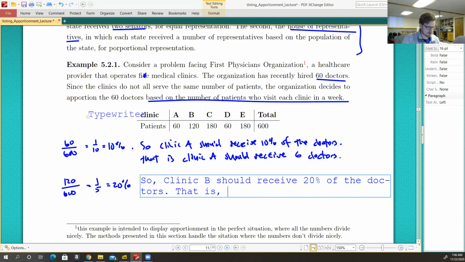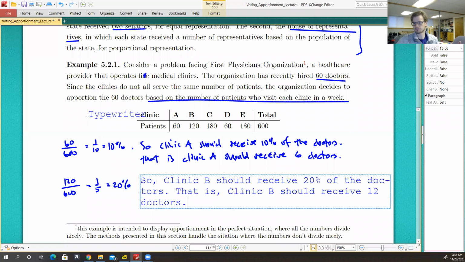That is, 20% of the 60 or 1/5 of the 60 doctors would be 12 doctors. Okay, that's not so bad.